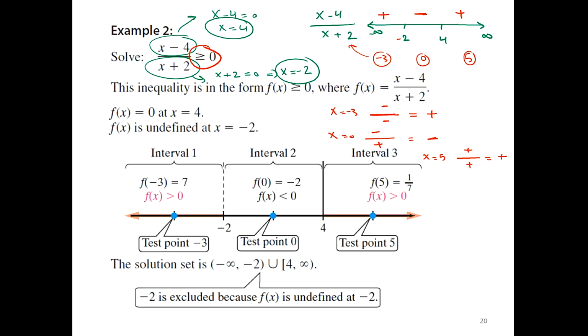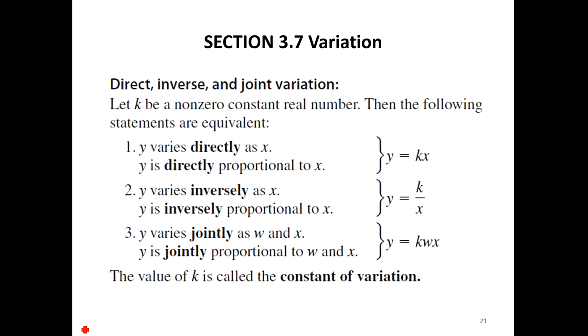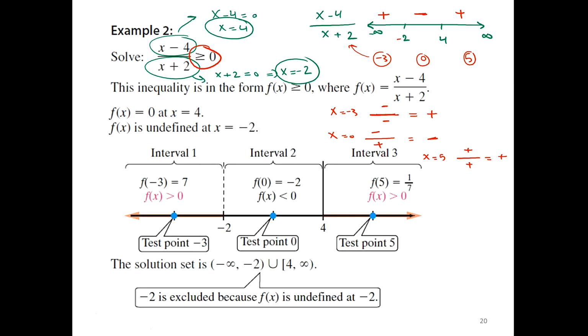So we have two regions: from negative infinity to negative 2, or from 4 to positive infinity.